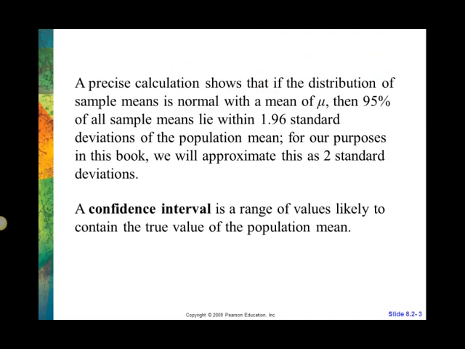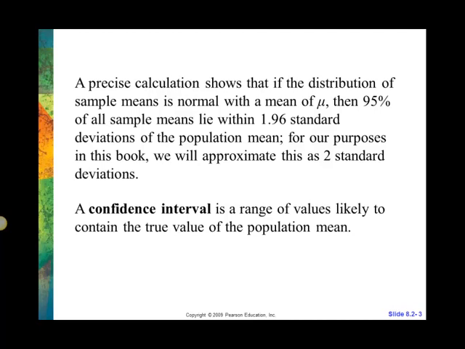So remember that we said about 95% of the data is within 2 standard deviations. Well, the exact value is 1.96 standard deviations, and that's why we say it's close enough to 2. That's where the idea comes from for the 68, 95, 99.7% rule.